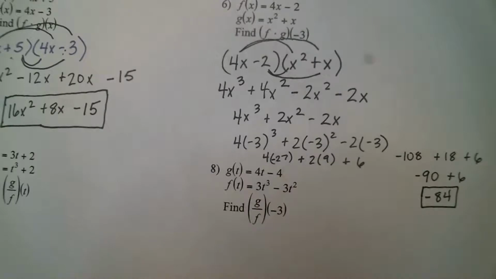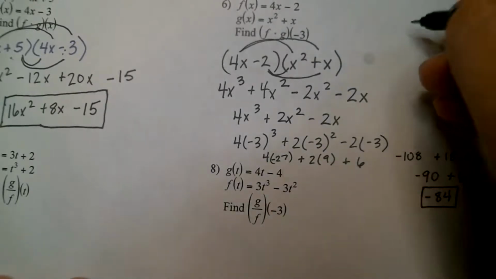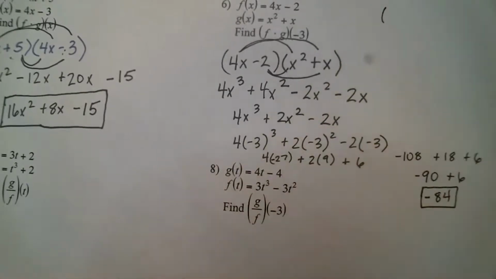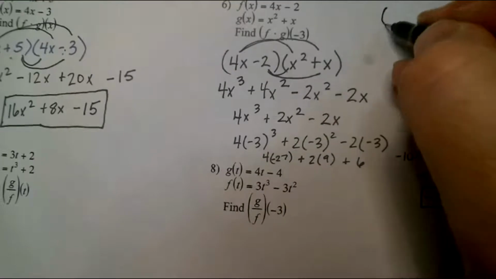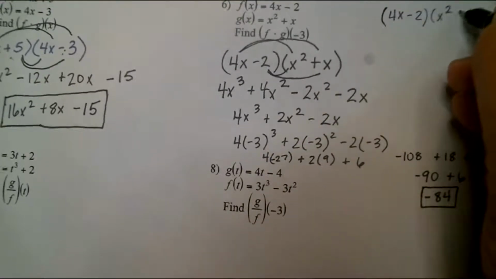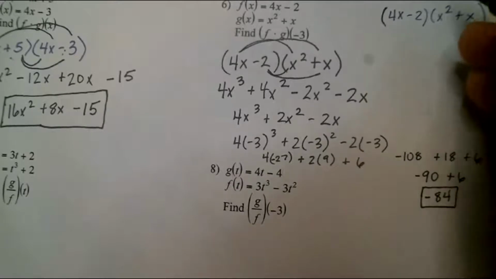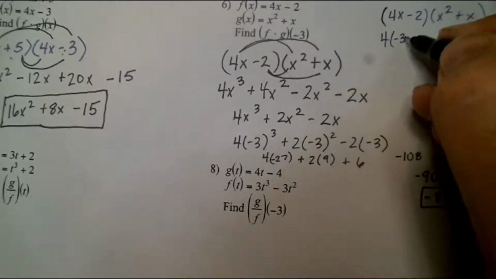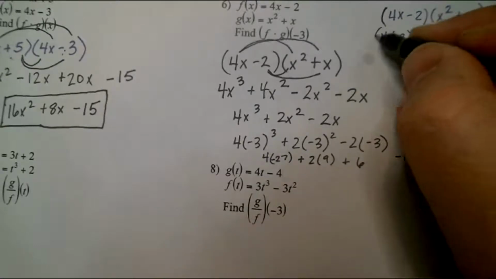Kelsey's saying plug in for simple multiplication. So if we did plug that in, it'd look like this. I'll do it with a different color. 4x minus 2 times x squared plus x. Oh, no, you're fine, Kelsey. 4 times -3 minus 2.